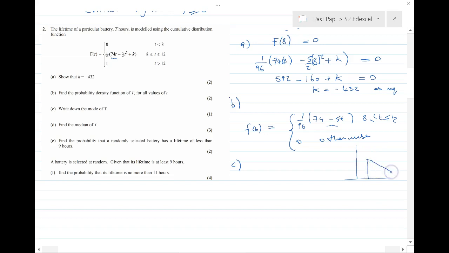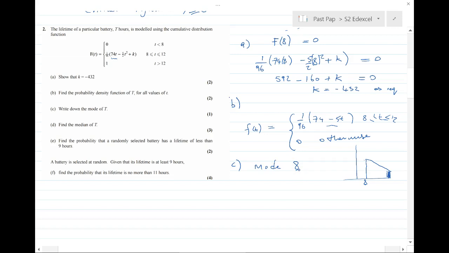I do observe that when we put in 12 there, the value of the PDF is not 0, but that's actually unimportant. The main thing is that it's going downwards from the value 8 here. So the mode is 8 because of the negative gradient.